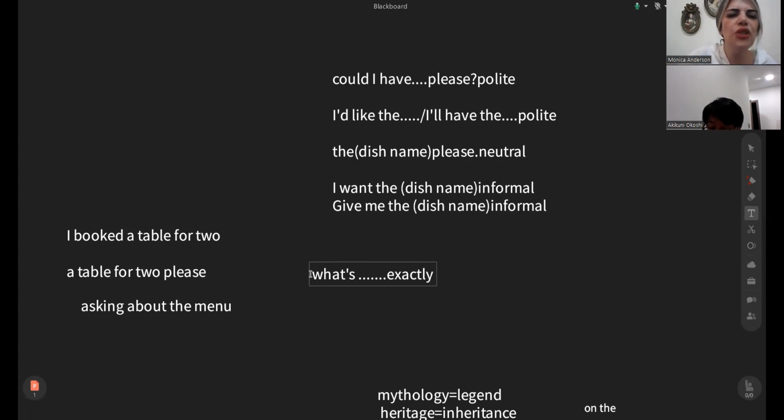It means I don't understand. Would you describe this food? Would you explain this food so that I can understand, and I can order? You need to put the name of the food. Of course, this is a question, and this is informal.